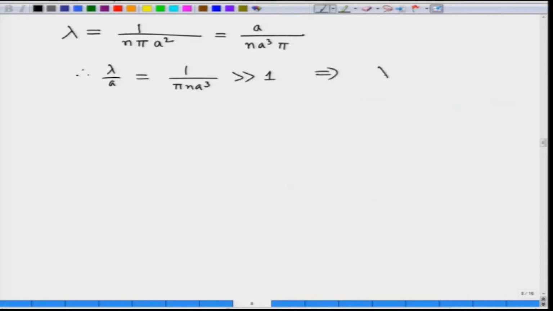So, lambda should be very much greater than a. It simply says that a system is weakly collisional if the mean free path is very large with respect to the molecular or the particle radius.